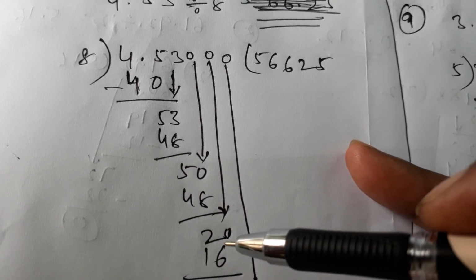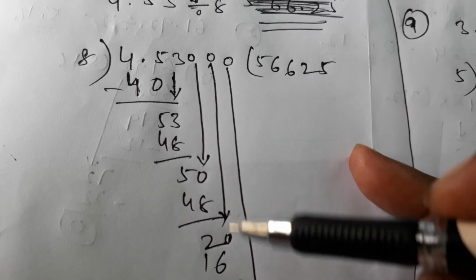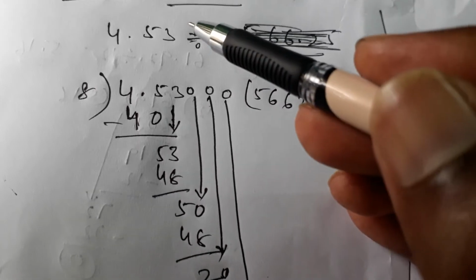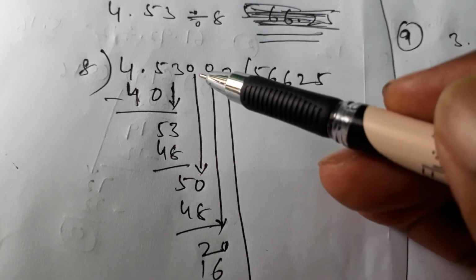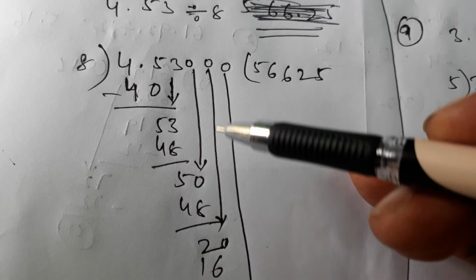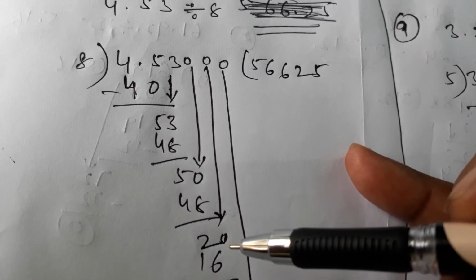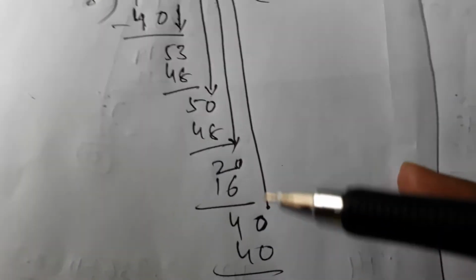Now 2 remainder. Again not getting remainder 0, so you can take one more 0 and take it down. I want one more 0 to take down. Now 20: 8 twos are 16.